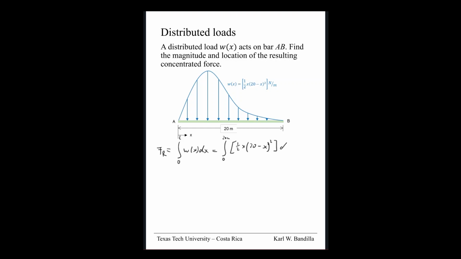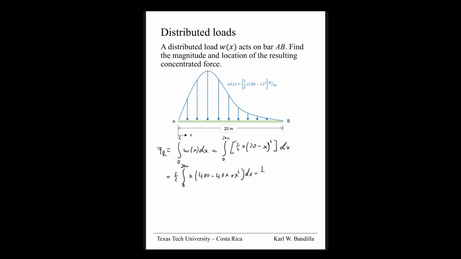Now we're going to leave off the units here because that becomes a little cumbersome. If we want to write this a little easier, we can pull the 1/2 out because it's a constant. So 0 to 20 meters, and then we'd have x times, if we FOIL this out, 400 minus 40 times x plus x squared dx.